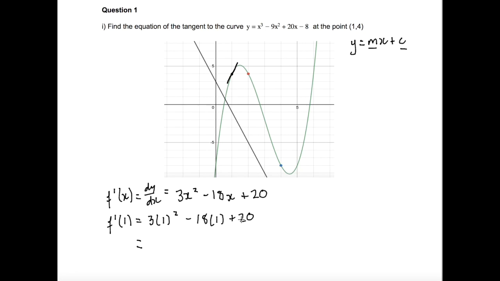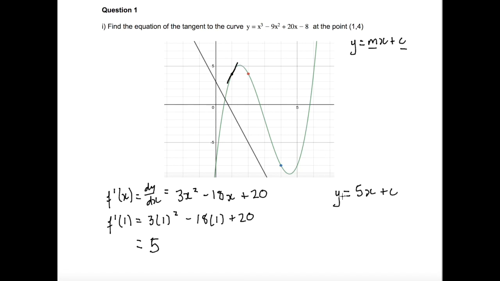It will be minus 18 plus 20 is 2, plus 3 is 5. So we know so far that the line is y equals 5x plus c. Does 5 seem like a reasonable gradient? Well, it seems like it to me, because the gradient here is positive because it's sloping upwards, and it seems reasonably steep. So 5 seems like a perfectly reasonable answer.